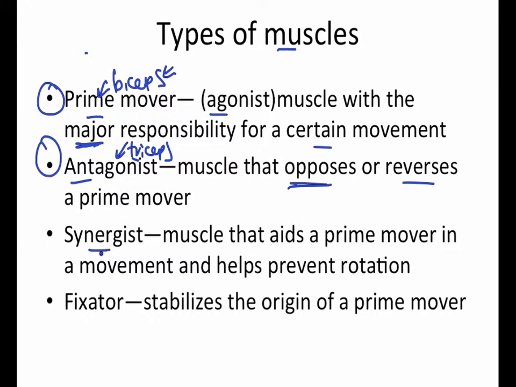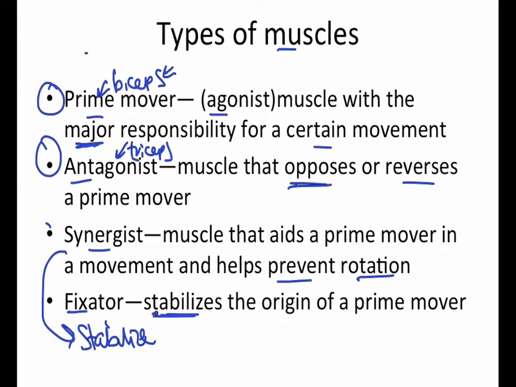Then we have synergist. Synergist is a muscle that aids a prime mover, and it's a movement that helps to prevent rotation. And then the synergist is going to be a stabilizer. It's going to help to stabilize. And then a fixator also is going to stabilize the origin of a prime mover.